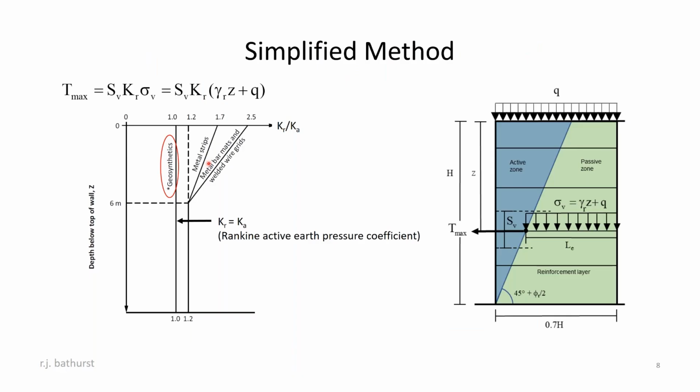A question that myself and Tony Allen and Yoshi Miyata asked many years ago is, how accurate is this simplified method for the calculation of the maximum tensile load in the reinforcement under operational conditions?